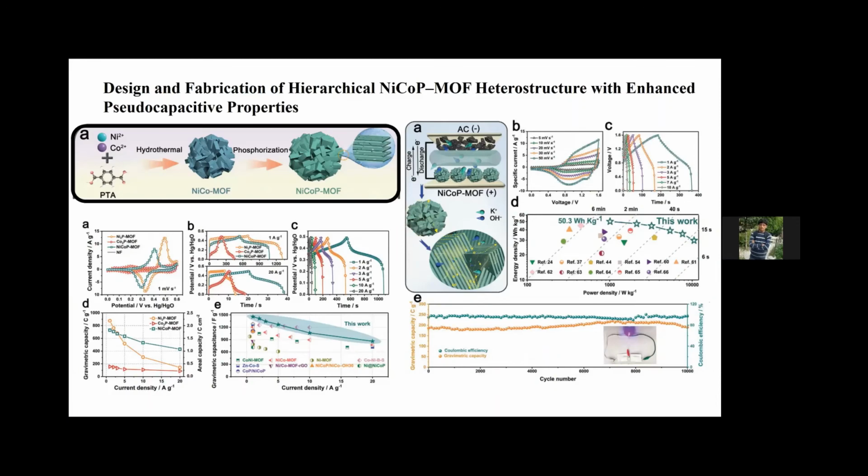The third one, another example of asymmetric devices, is the nickel cobalt phosphide. Here they make the nickel cobalt phosphide MOF.